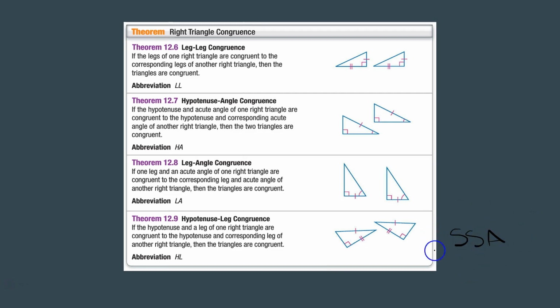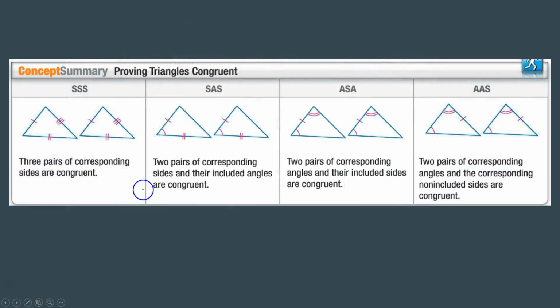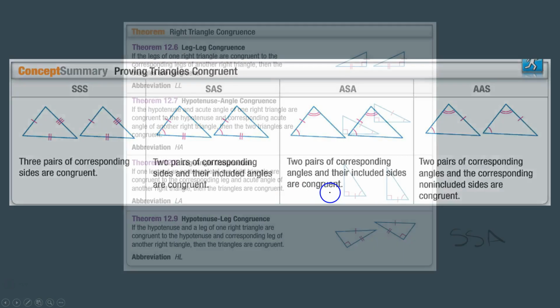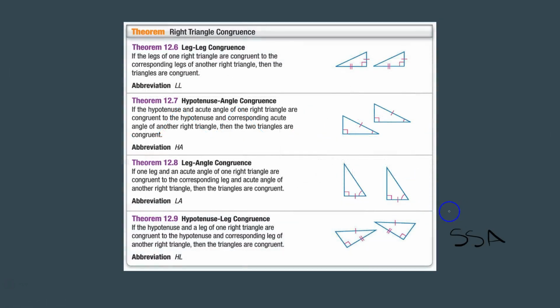So this one's an exception. Notice here on the proving triangles are congruent, there is no side, side, angle. That's because this one does not exist except for right triangles. This one, side, side, angle, is also known as a donkey theorem.